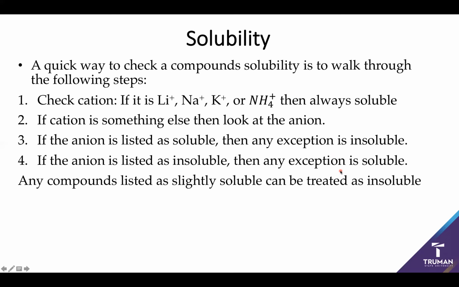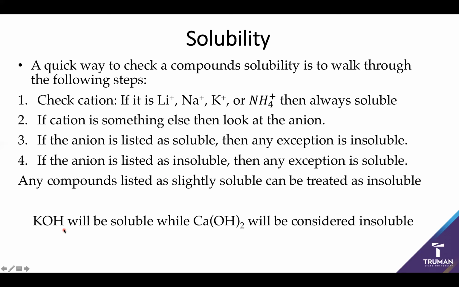Now, one of the big things, just as a quick reminder, when we're looking at our hydroxides, if it's listed as slightly soluble, generally treat it as insoluble, but realize that that might be a bit of an exaggeration. So, for example, if I have something like calcium or potassium hydroxide, with potassium, it's going to be soluble.